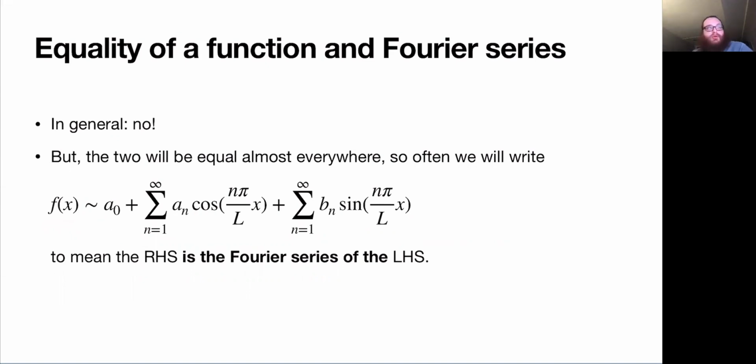And so the notation we'll use is this tilde. So f of x tilde this series means that the coefficients are computed using this given function f. The two sides may not be equal, but we're constructing the series from the given function f. So they're related.